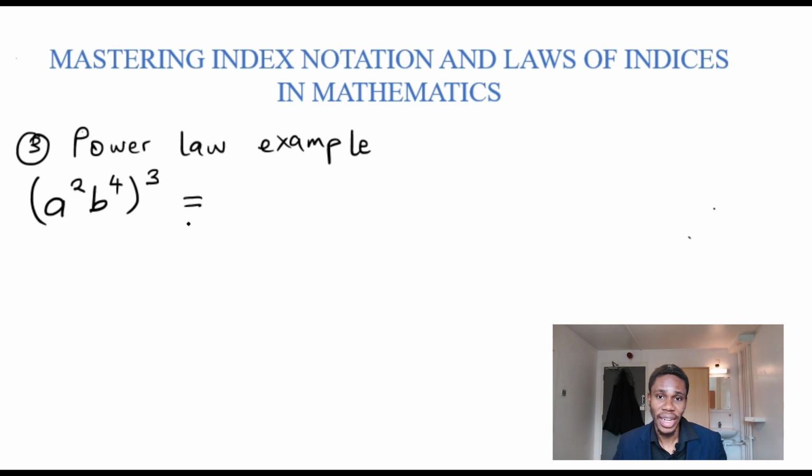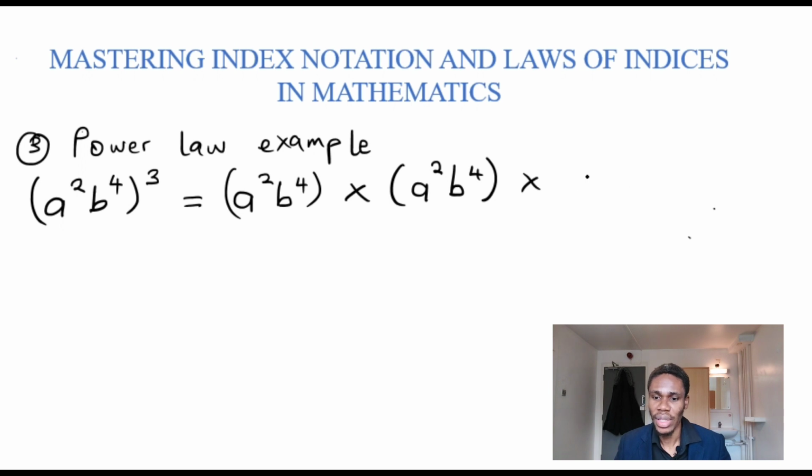So let's clearly write it out. A to the power 2 multiplying b to the power 4 times a to the power 2 multiplying b to the power 4 times a to the power 2 multiplying b to the power 4. We end here because the power is 3. If the power was, let's say, 5, we would write out 2 more of these.